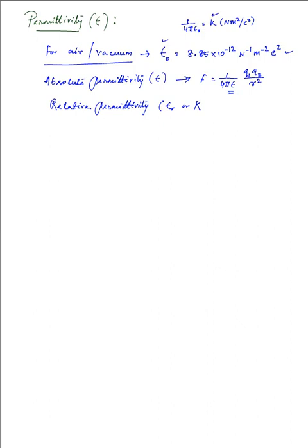This is in capital block letter. We'll be using this term more frequently when we study capacitors, or probably insulators as well. So this is just a dielectric constant, which is also equal to the relative permittivity. And the relative permittivity, as I said, is where we compare the permittivity of a given medium with respect to the permittivity of air or vacuum. So that's how we define the relative permittivity.